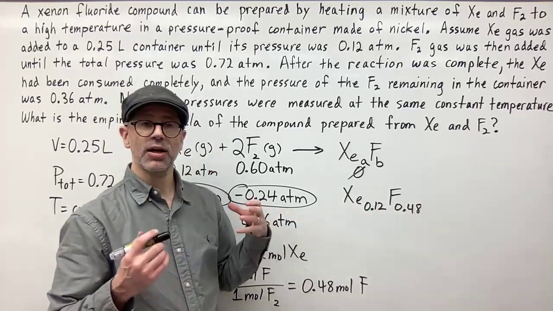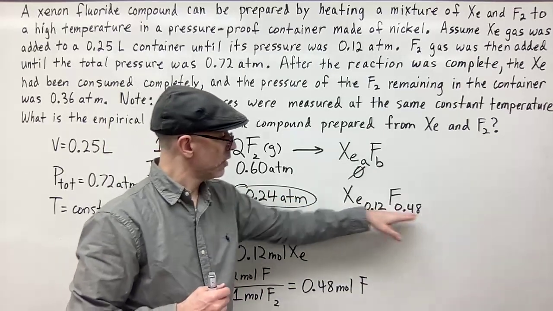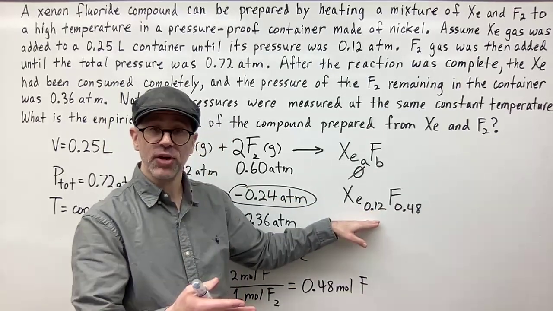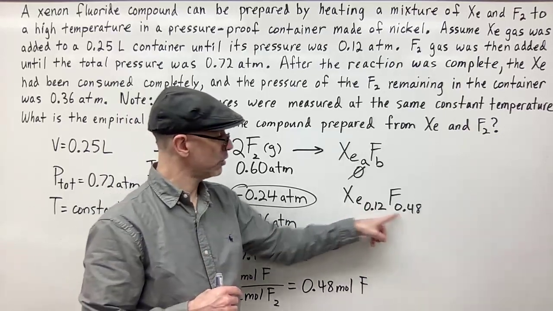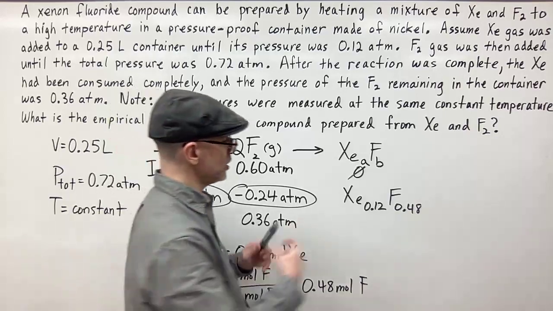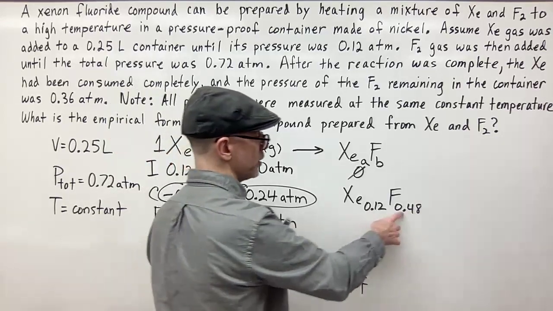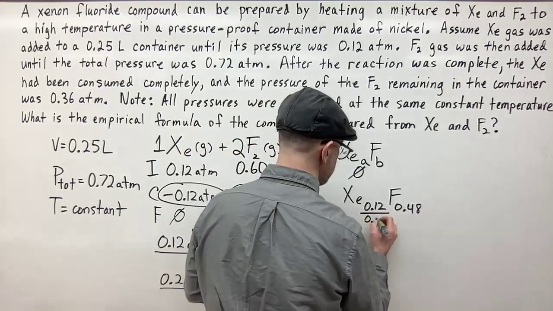Here are the moles, my subscripts, but I don't like these numbers. Remember that in your empirical formula, the ratio should be 1 to something. The way you get 1 to something is by dividing both of these by the smallest number. Since 0.12 is smaller than 0.48, we'll divide everything by 0.12.